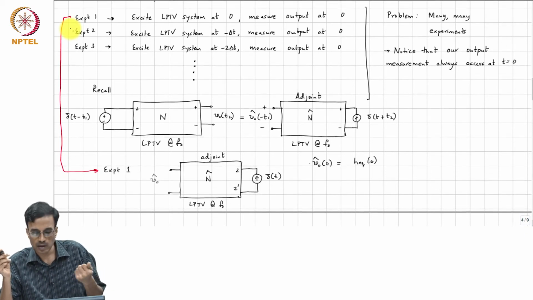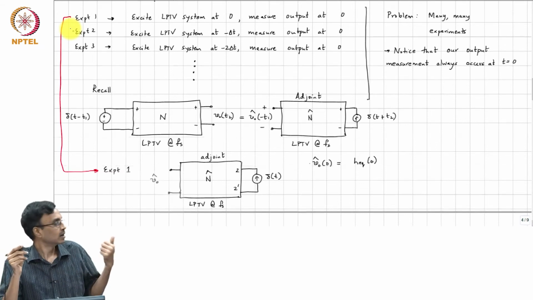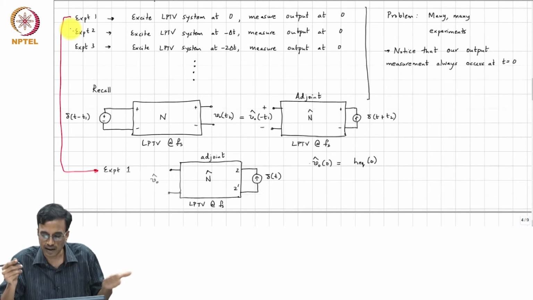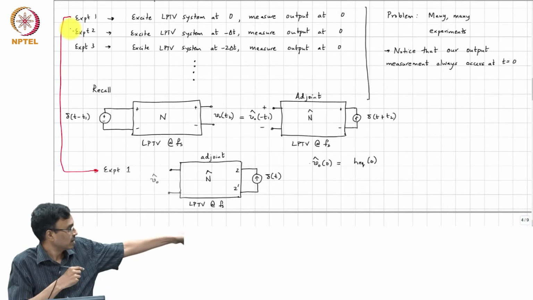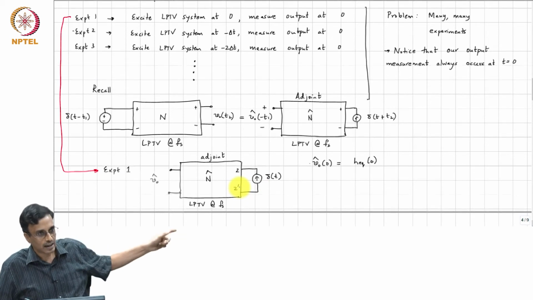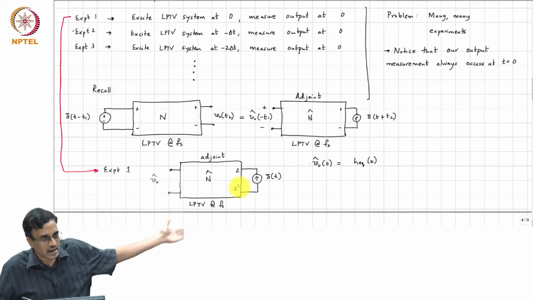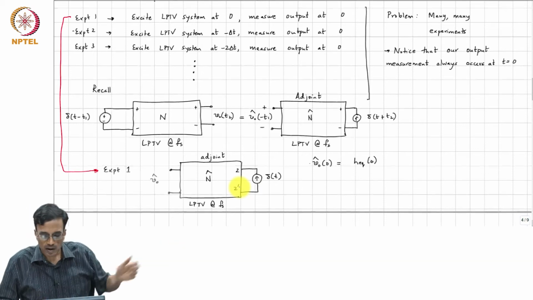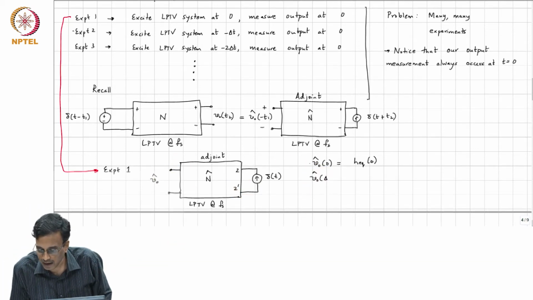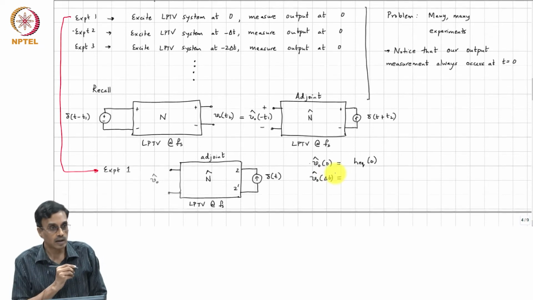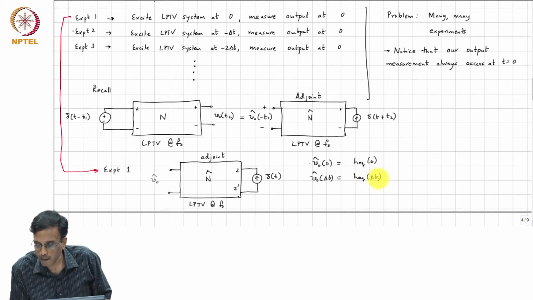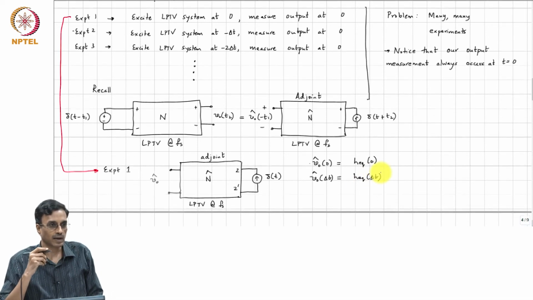We have to apply the impulse at 0 at the output port and measure the output at the input port at delta t. We have already done the impulse at 0 at the output port, correct. So, if you simply measure V_O hat at delta t, you will get h equivalent of delta t. Does it make sense?